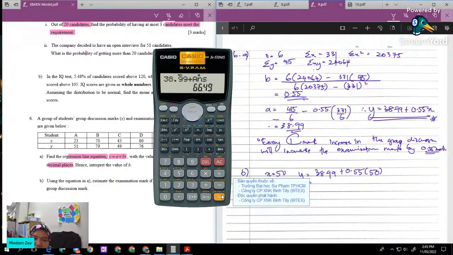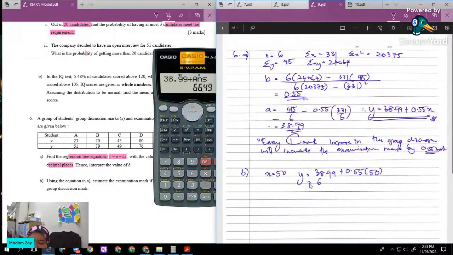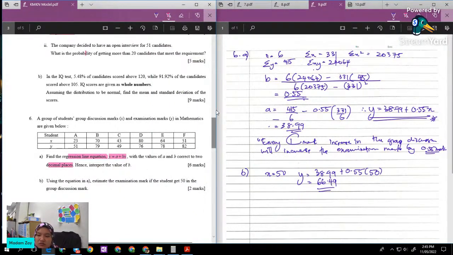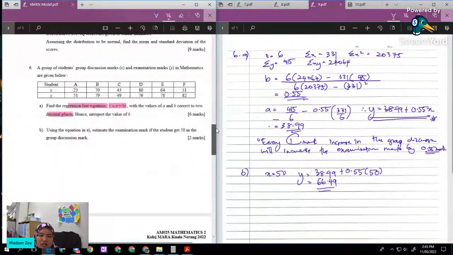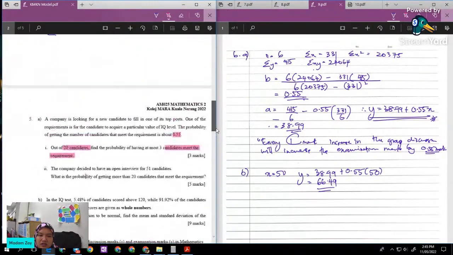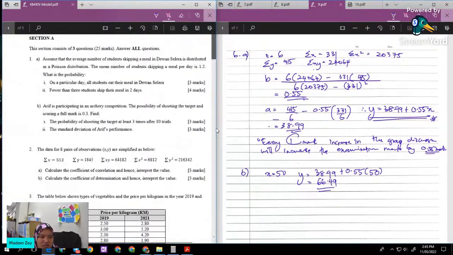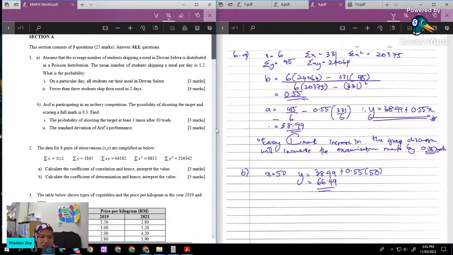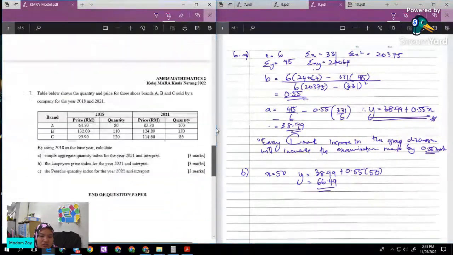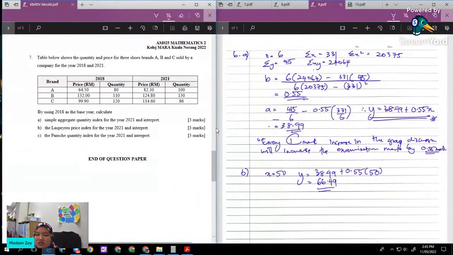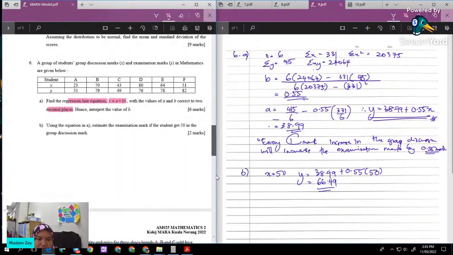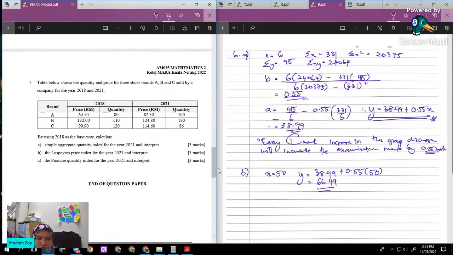So, 66.49. Ini markah kita. Okay, so settle dah untuk soalan 6. Dia tak tanya regression, coefficient of correlation. Sebab dekat soalan A, section A dia ada tanya kan? Coefficient of correlation and determination. Okay, tak apa, settle. Dapatlah 8 markah di situ.